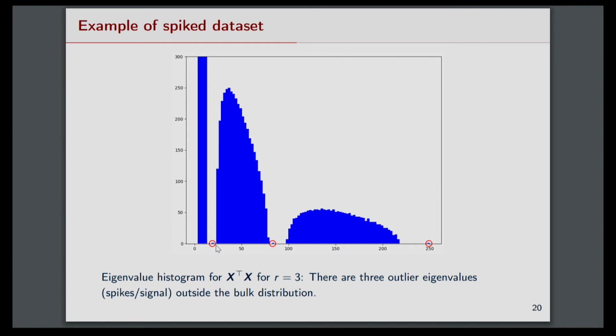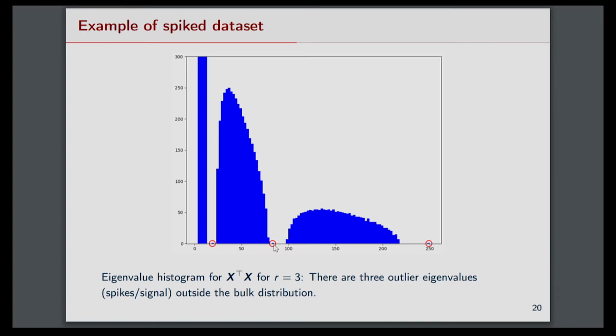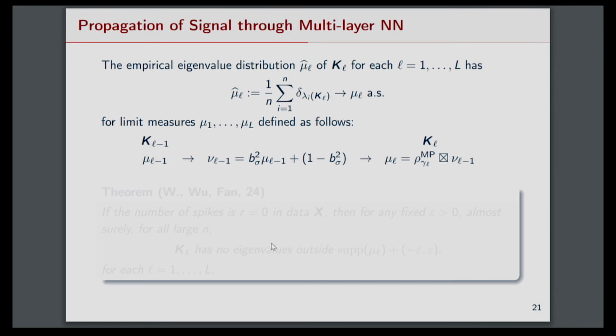Given that the data set has some spikes like here, how do they produce some spikes in the K1, K2, and so on? And given the eigenvector for this spike, is there an alignment between the eigenvector in the data set and the CK matrix? So that's the question we want to ask.